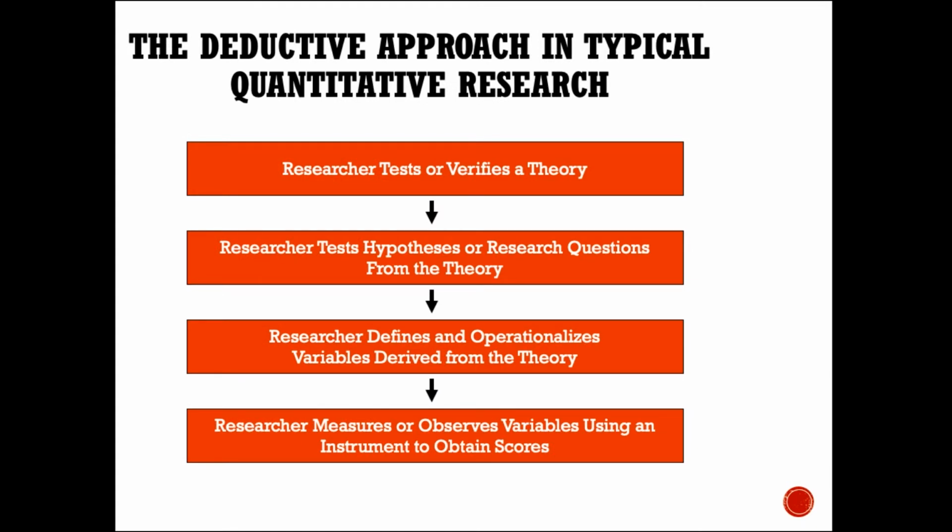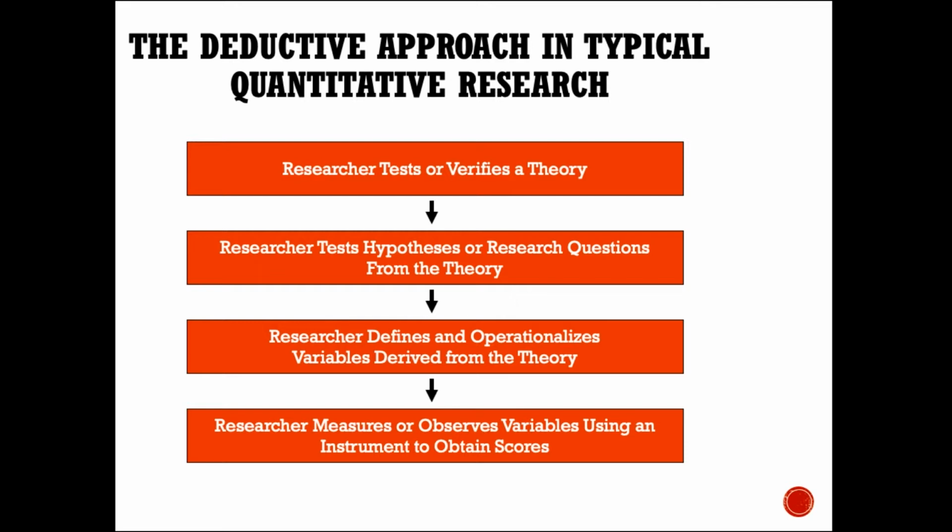But for the deductive approach, which is mostly used in quantitative, here you start with the theory. You have a phenomenon, you try to find the theory that explains that phenomenon. Then from the theory, you will develop a hypothesis. Actually, a hypothesis is a part of the theory.